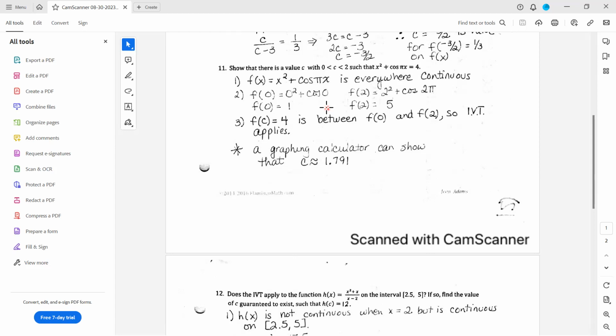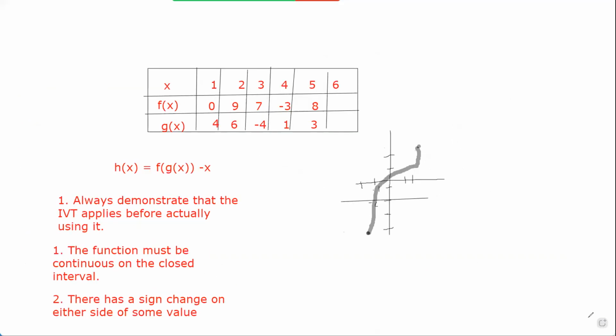So we have x² plus cosine pi x. Let me set it up this way for you first. We'll graph it too. So you kind of get the idea. Number 11, that wasn't so bad, right?